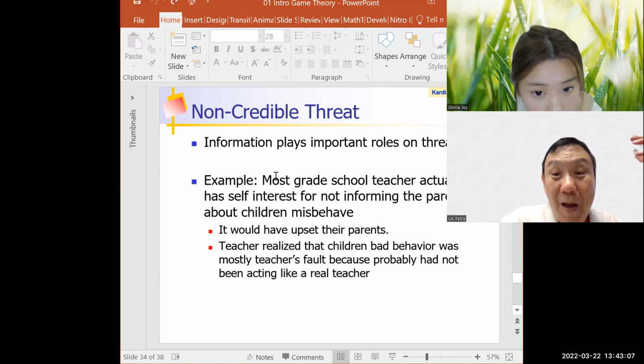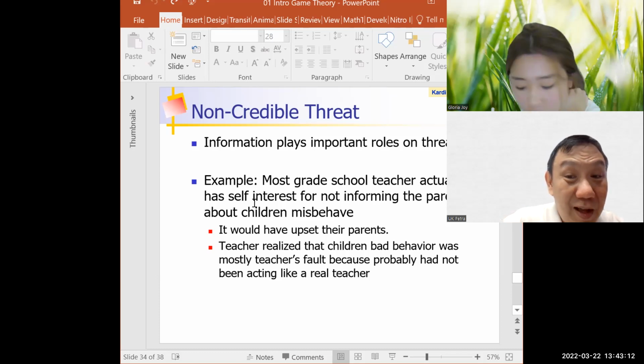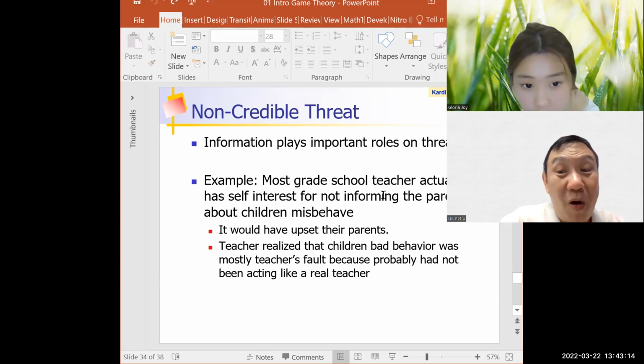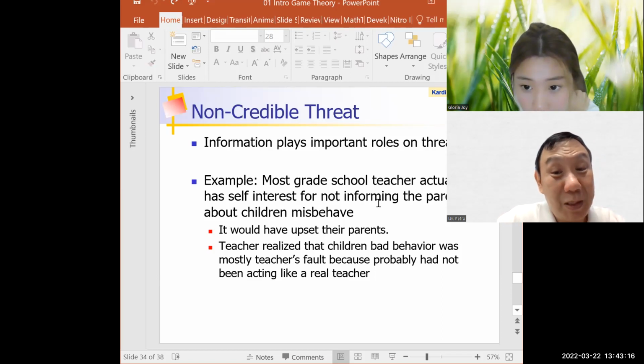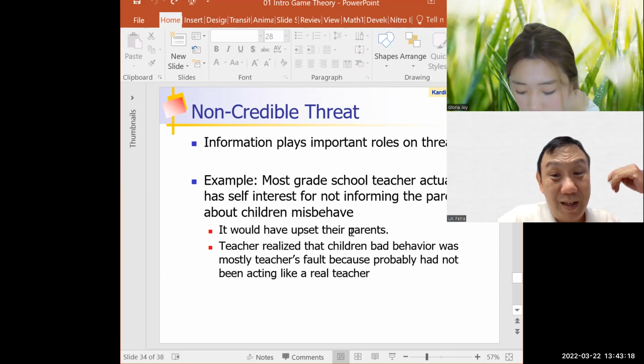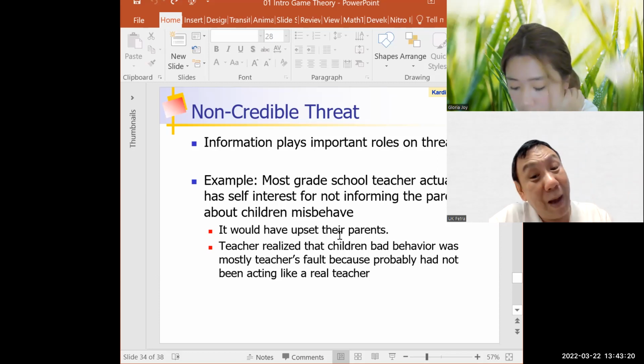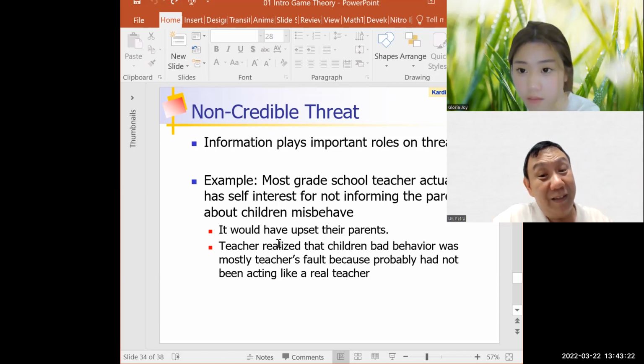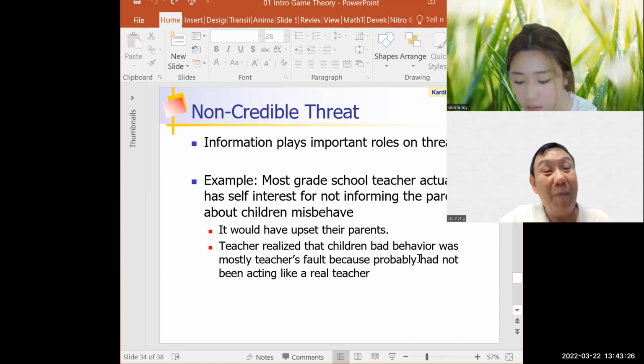But look at the fact. Most grade school teachers actually have self-interest for not informing the parent about the children's misbehavior, isn't it? Why? Because it will upset the parent. And the teacher also realizes that the children's bad behavior is probably the teacher's fault, isn't it?